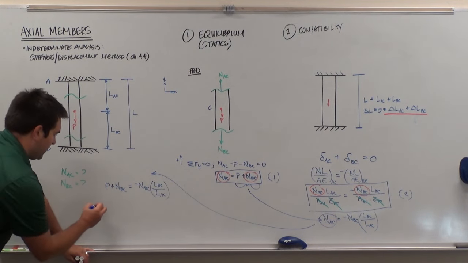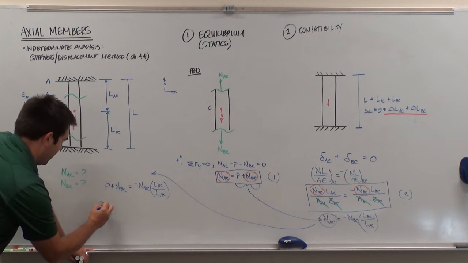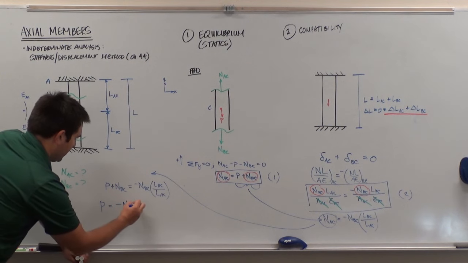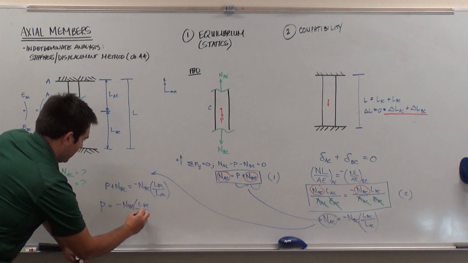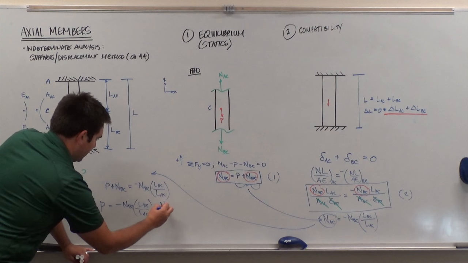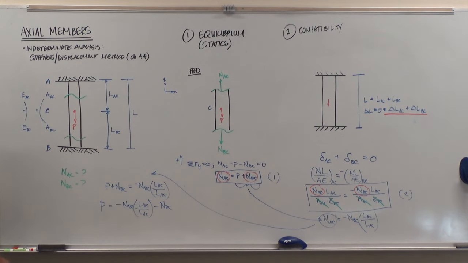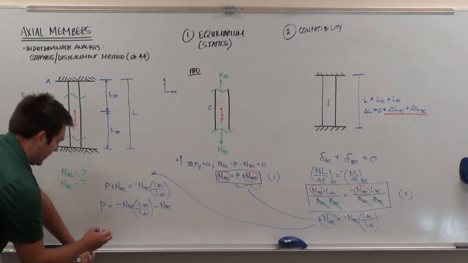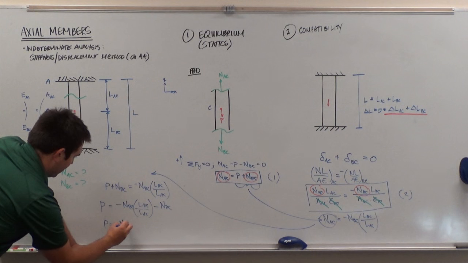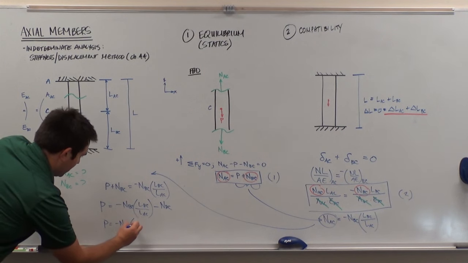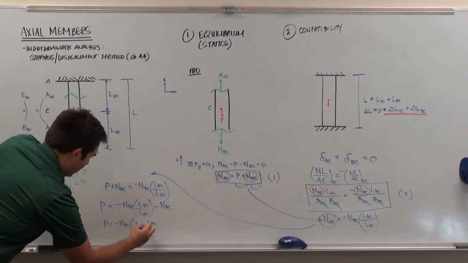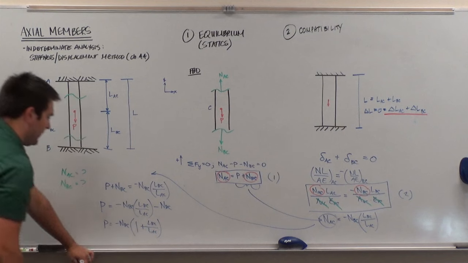And I could say P equals minus NBC times LBC divided by LAC minus NBC. So I can distribute this out if I'd like to, and I can say P equals minus NBC times 1 plus LBC over LAC.